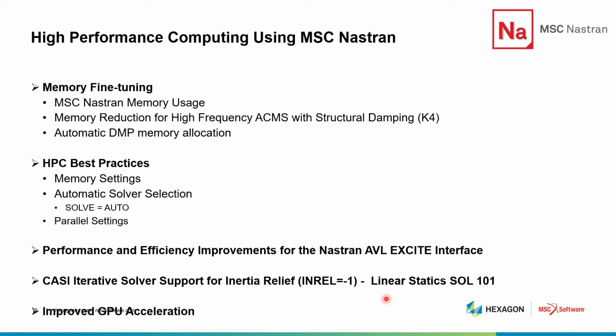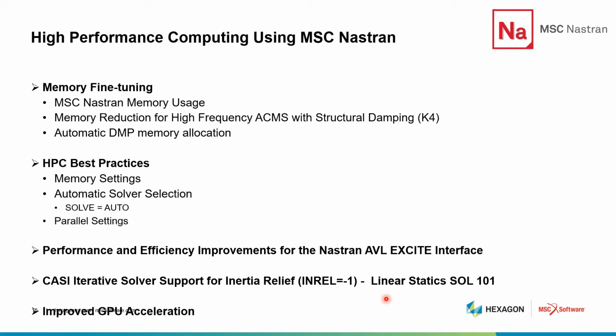I'll talk a little bit about that. Next, we'll move on to HPC best practices, including the best memory settings to run your job, the automatic solver selection capability in MSC Nastran using SOLVE=AUTO, some of the parallel settings, as well as performance and efficiency improvements for the MSC Nastran avionics site interface.